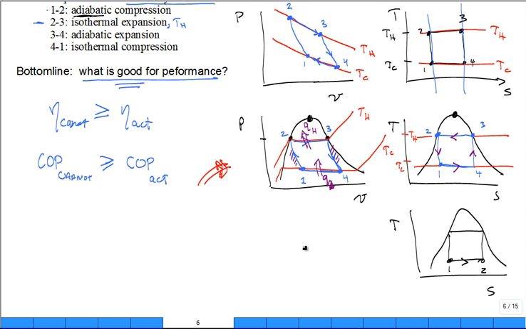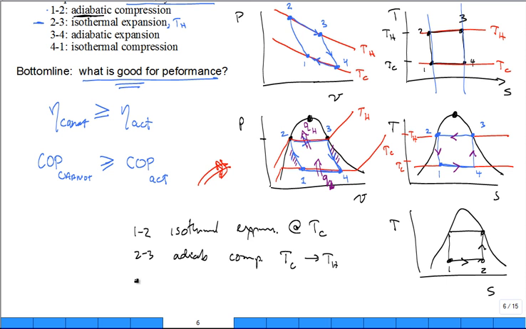It's isothermal expansion at the low temperature, T cold. Then from 2 to 3, adiabatic compression, and the temperature goes from TC to TH.